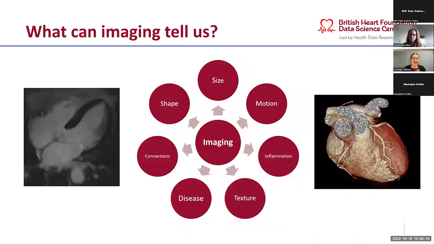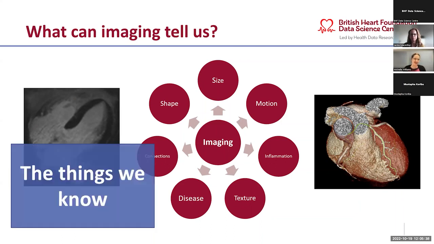Next slide, please, Jackie. So what can imaging data tell us? Well, it can tell us about the heart, about the blood vessels, about every bit of the body in all sorts of interesting ways. That might be shape, size, that might be function, that might be about disease, and that might be about new exciting image analysis techniques, AI and machine learning. Next slide, please, Jackie.